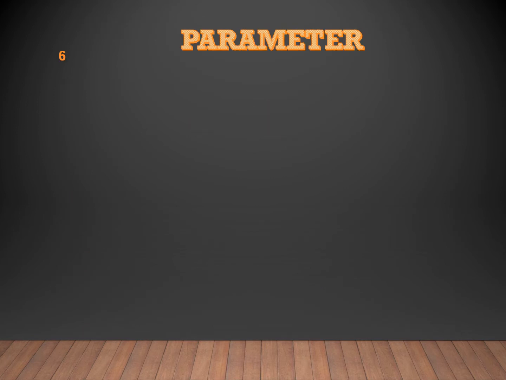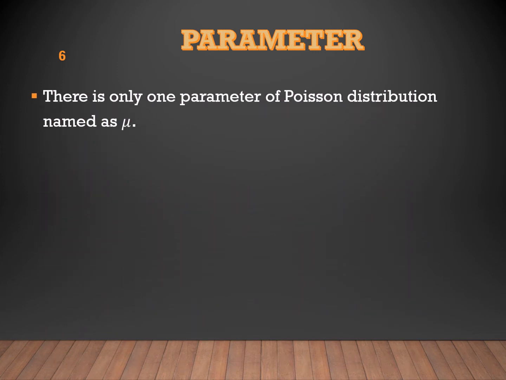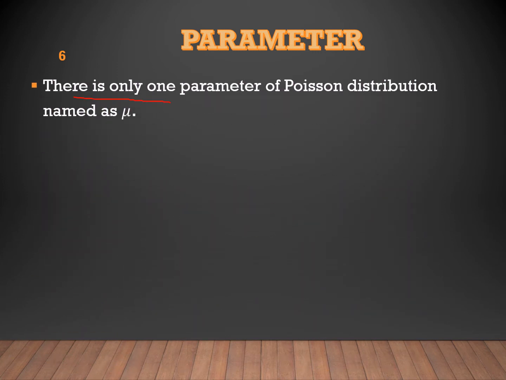Now, I will discuss the parameter of Poisson distribution. There is only one parameter of Poisson distribution, named mu. Now, I will discuss mean and variance.